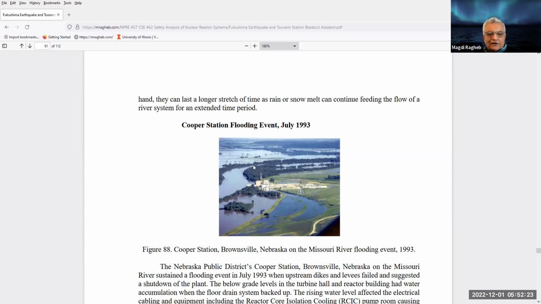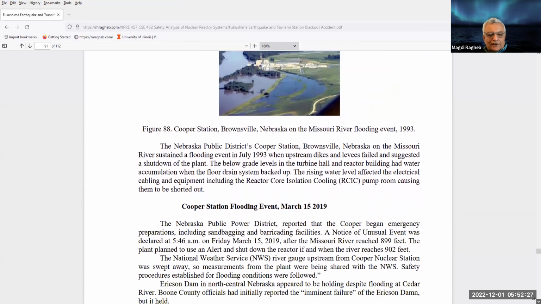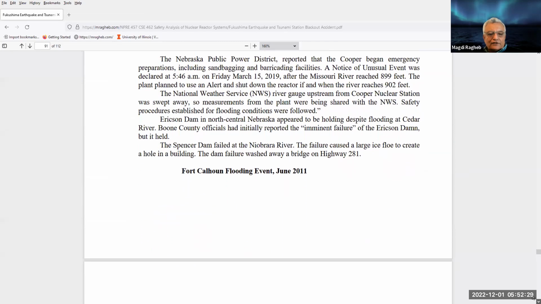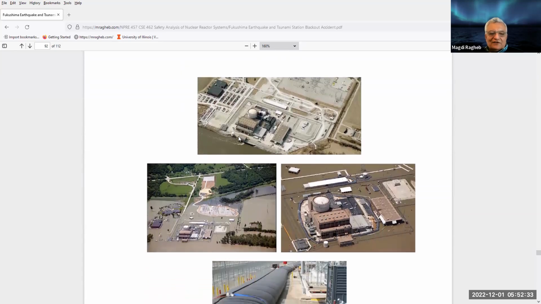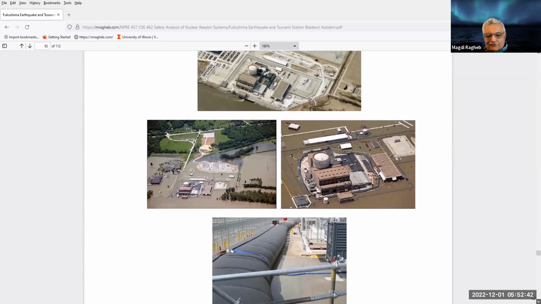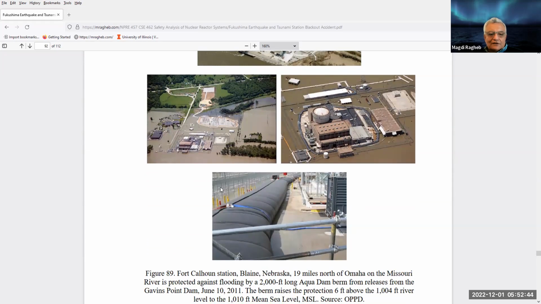You could see here the plant along the shore of the Mississippi River, but the other plant is the Fort Calhoun flooding event. You could see here in June of the same year, the Mississippi started flooding, and you could see the plant here totally enclosed in water. They used some kind of rubber shield to keep the water from the equipment.